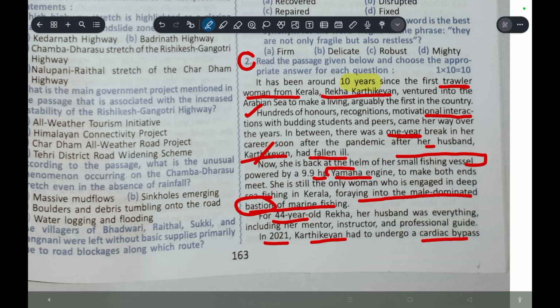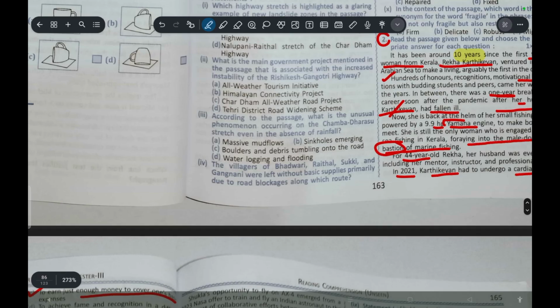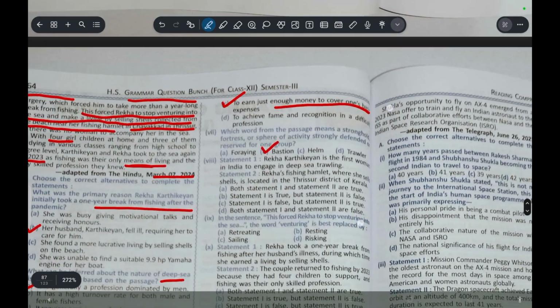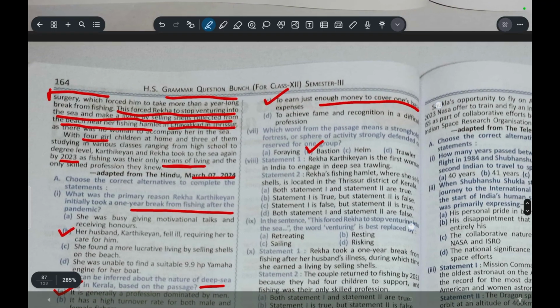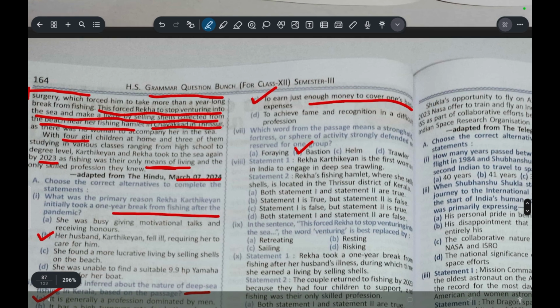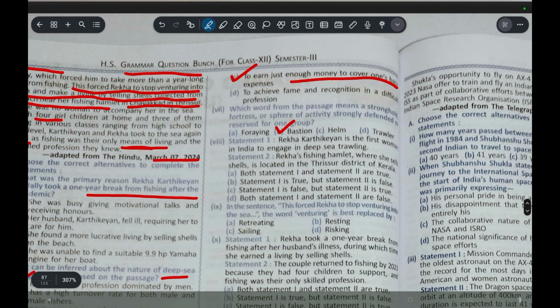First woman from Kerala. The first one is right. Thrissur district. The hamlet, Thrissur fishing. Okay, everything is right. Both statements are true.